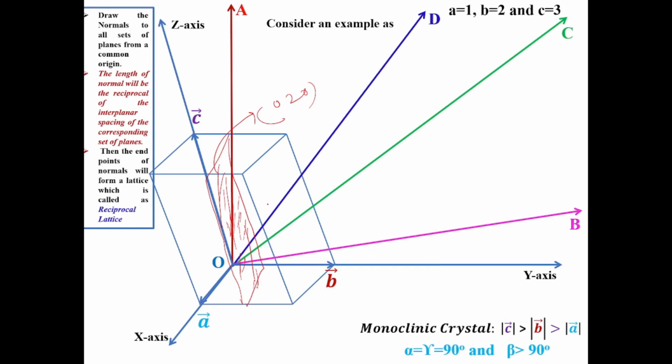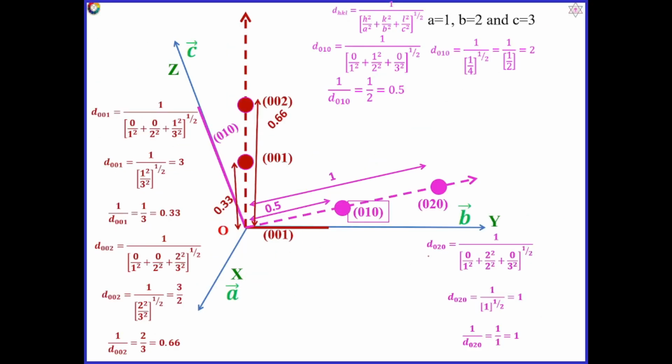Here you can see for 0 2 0, we found the interplanar spacing is 1, and the reciprocal of this interplanar spacing, 1 by 1, is itself 1. That means it's just double of this length, 0.5, then 1.